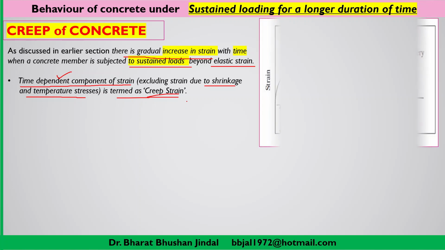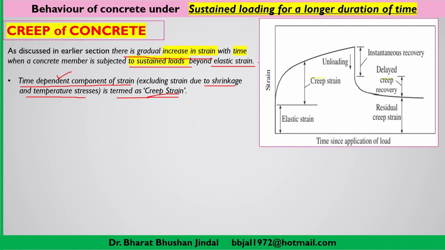Now from this picture, that is a sketch of the graph between the strain and, along the x-axis, we have taken time since application of the load. That is, when a load is applied, we count the time duration and see how the concrete will behave and how strain will be seen in the concrete.